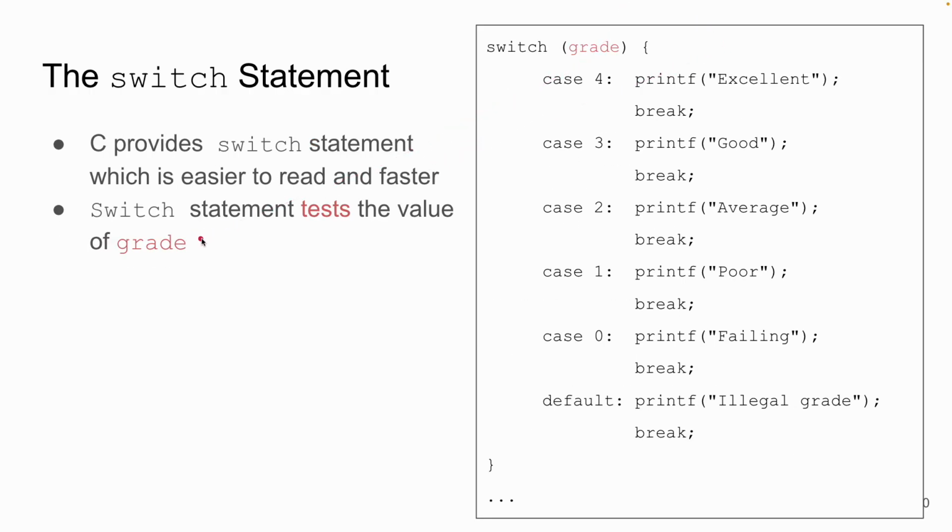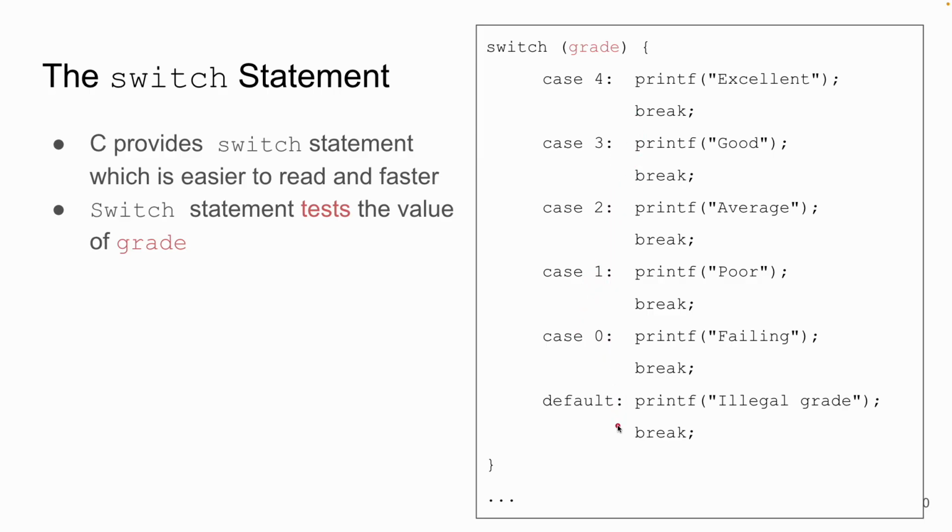In this case, you can see that we write the switch like this, and we write down the value we want to test inside the parentheses of switch. Based on different values here, we put different cases. Inside each case, we put down the statements that will be evaluated for that case.